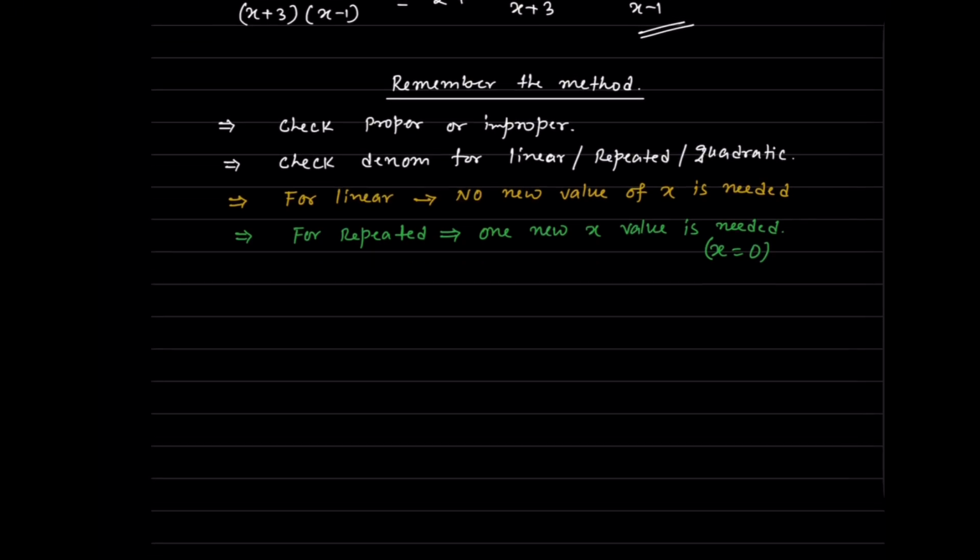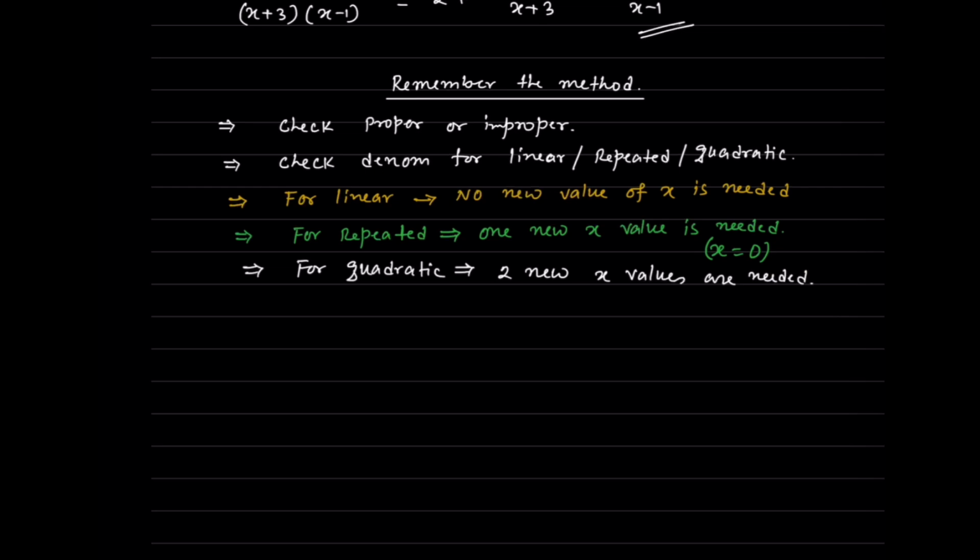For quadratic, two new x values are needed. The first one is x equals 0 and the other one is x equals any value.